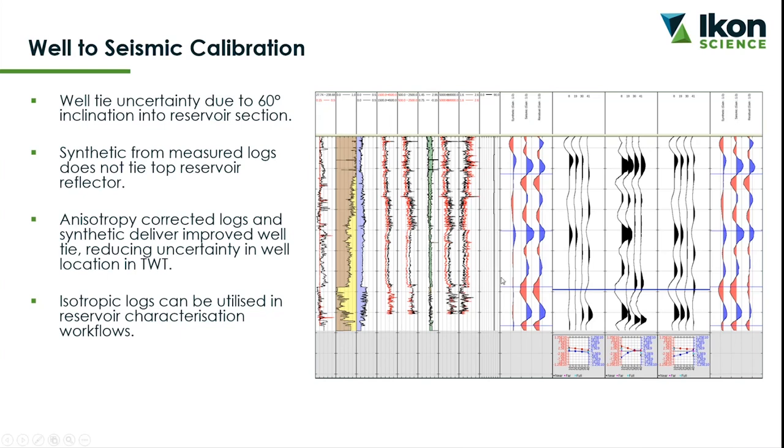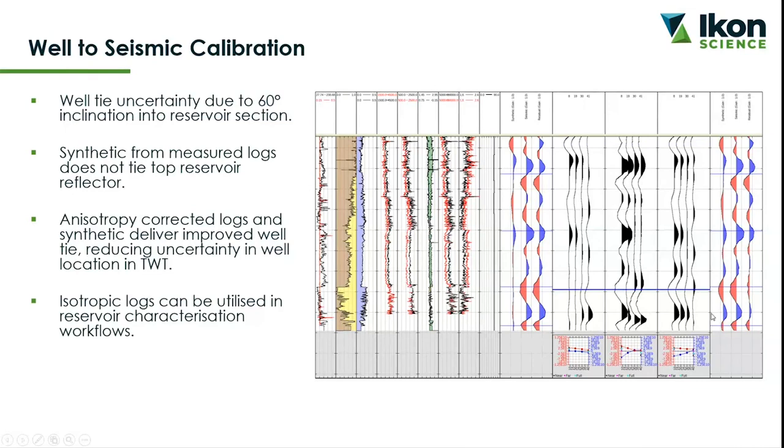Well, we were able, given a handful of these wells, to estimate the anisotropic parameters and to then use those to correct the logs for the inclination of the well and for the volume of shale present through that interval. And after having gone through that process, we end up with the seismic well tie on the right-hand side. And now you can see that we have a pretty good well tie at the top of the reservoir, with the residuals being minimized accordingly.